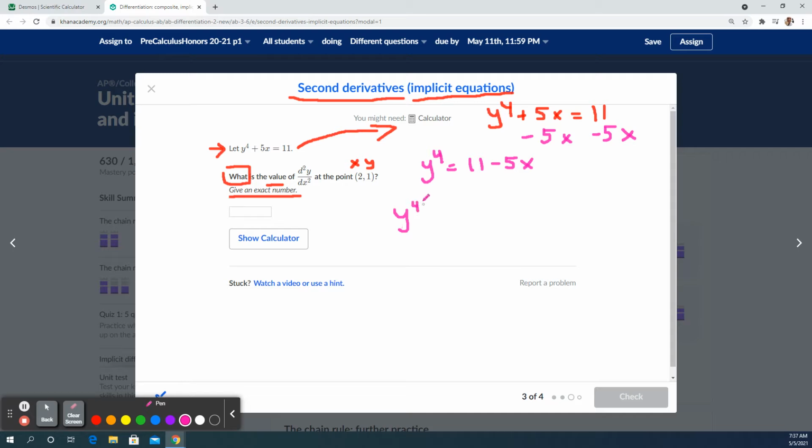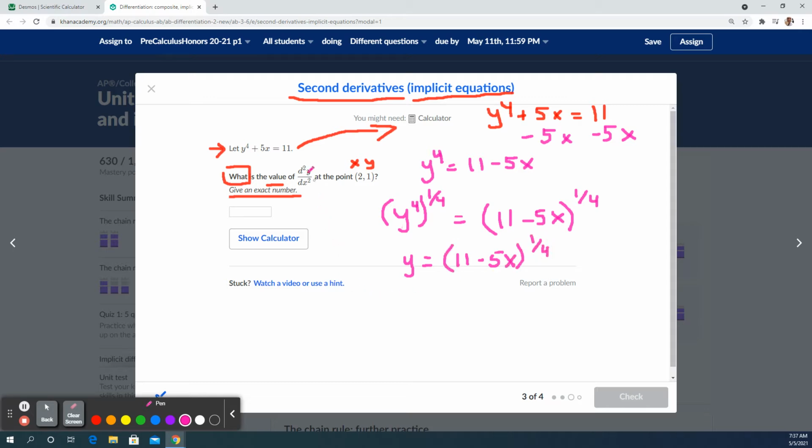So y to the 1/4 power undoes it, and we do that to the other side, 1/4 power. This will make it easier for us to do the derivative. So now we have y is equal to (11 minus 5x) to the 1/4 power.